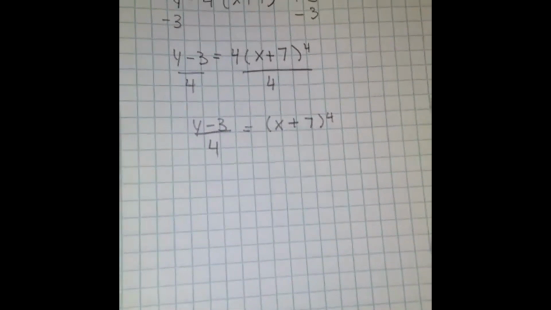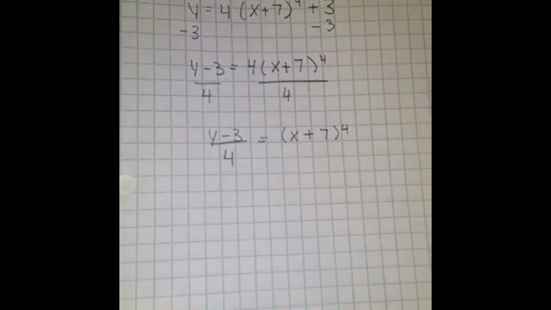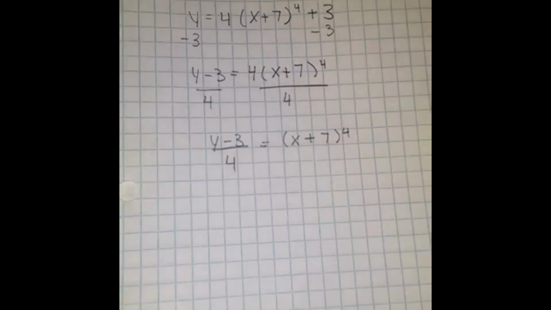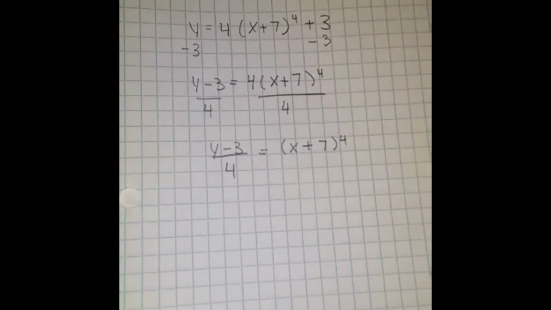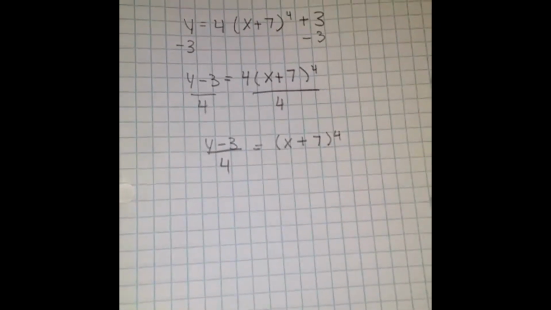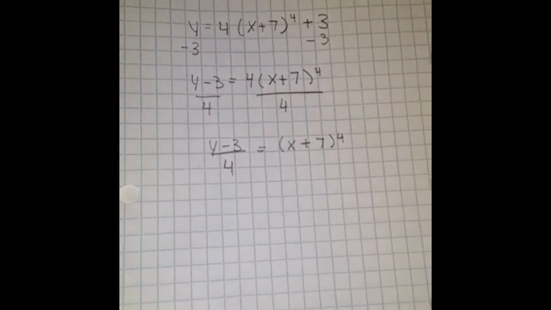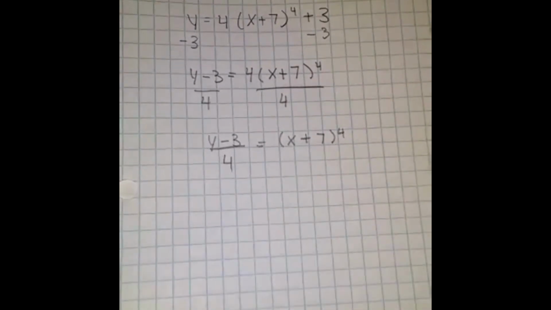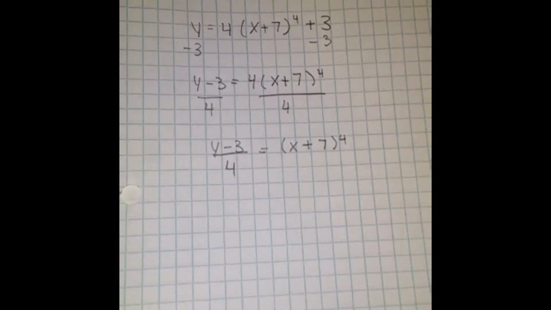Now this part is an important step, as you need to know whether to take the positive or negative root of the expression. Because the domain is x is greater than or equal to negative 7, no matter what number you plug in for x that is within the domain, you will get a positive number.